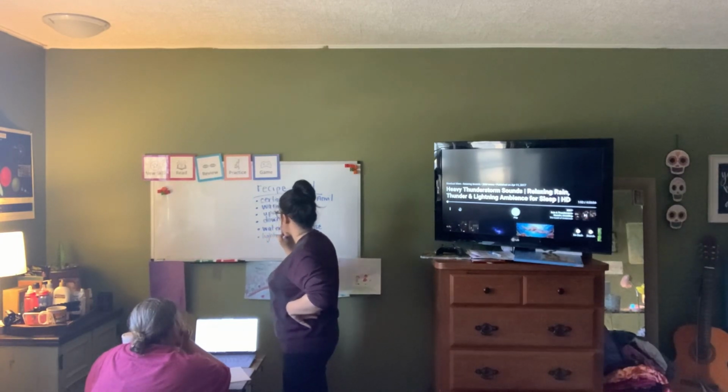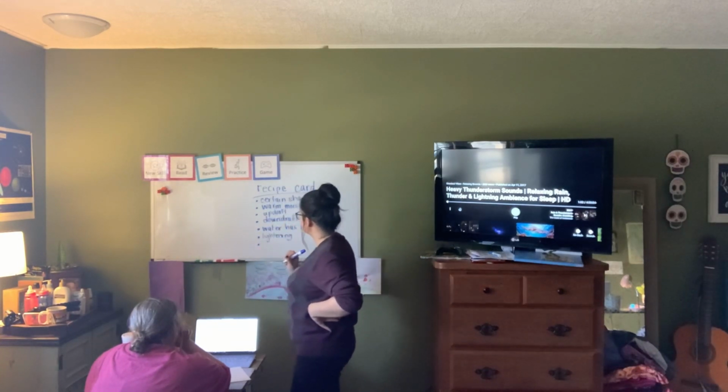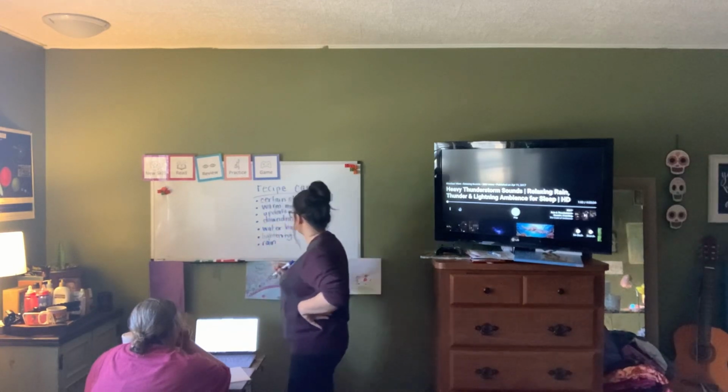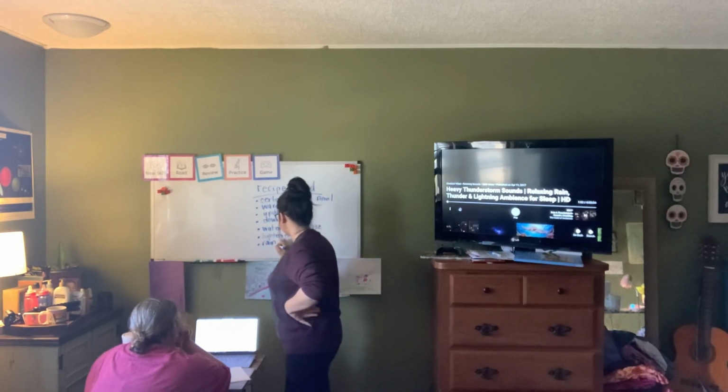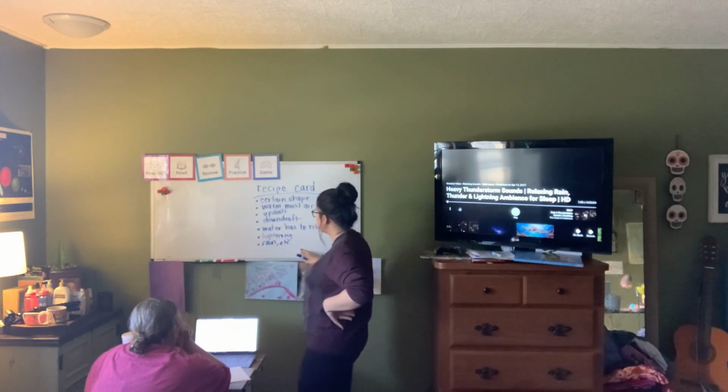Just gonna put lightning. Thunder is the sound of lightning. And was there anything else? Rain. So some kind of precipitation, etc. Okay. So these are some of the key elements.